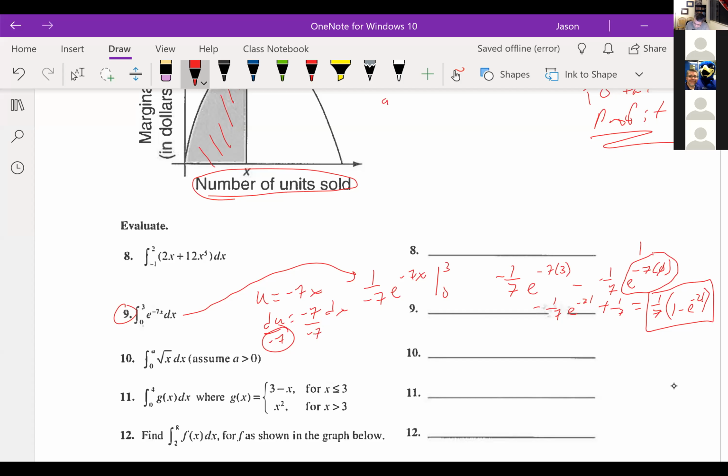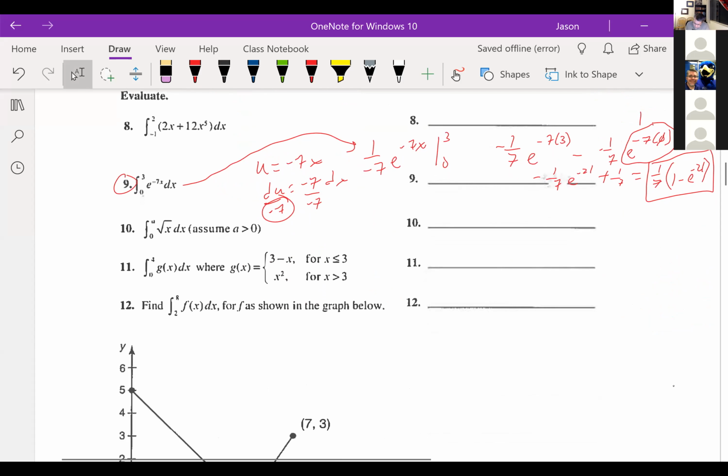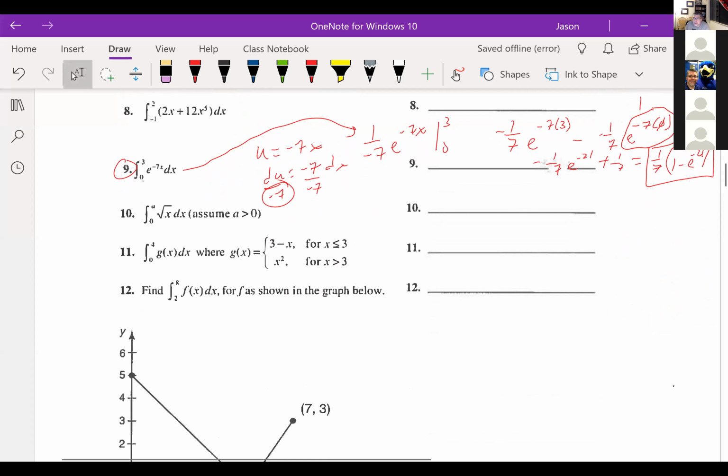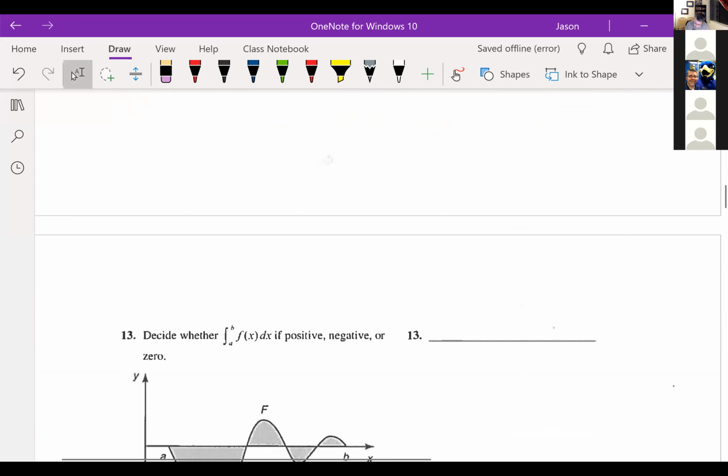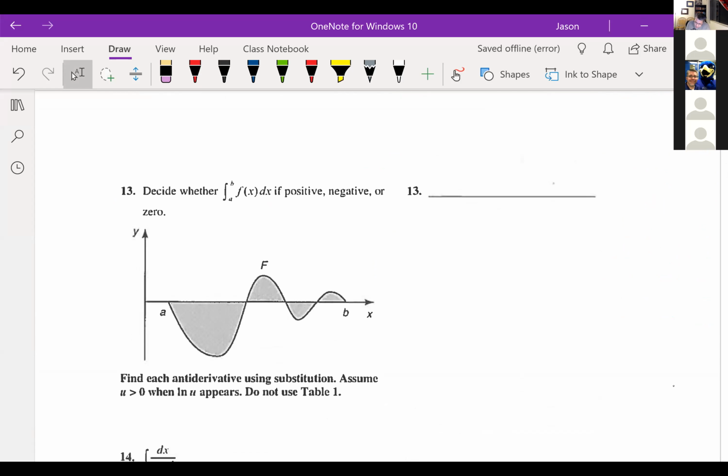Okay, number 13. Decide whether this is positive, negative, or 0. Okay, well, we have to kind of eyeball this and say, okay, this is going to be positive area, this is going to be positive area, and this is going to be negative area, and this is going to be positive area, and this whole big thing is negative area.